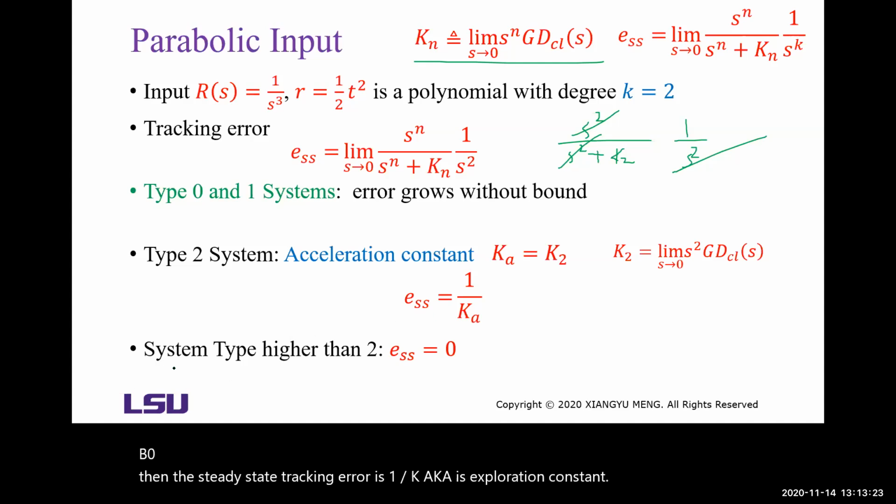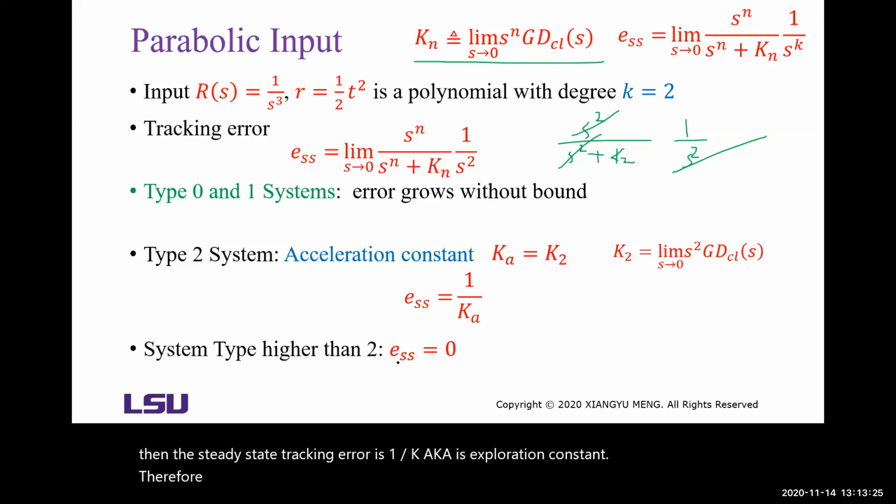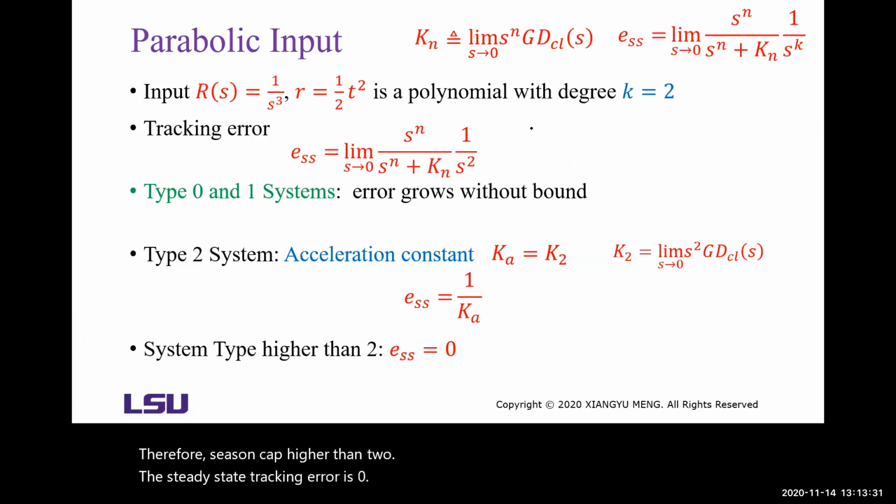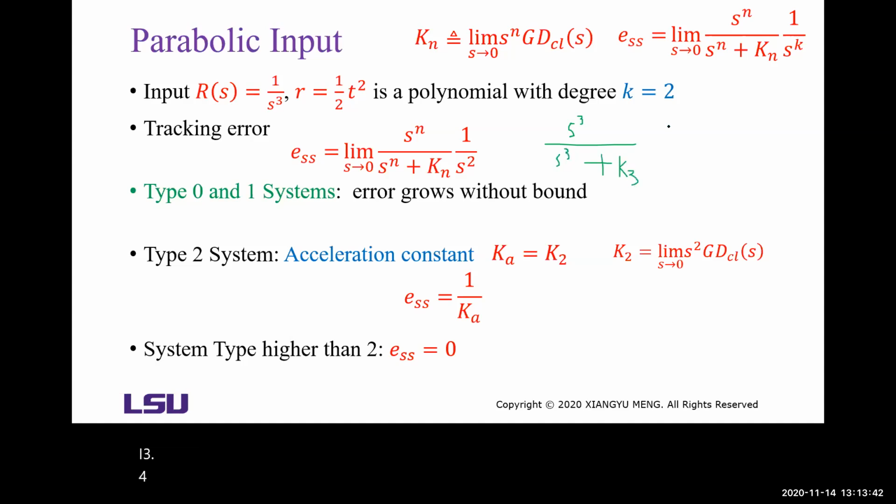Then for system type higher than 2, the steady state tracking error is 0. So if we have type 3 system, we have s cubed over K_3 times 1 over s squared. Then we have 1 s left. s is 0. It is 0.